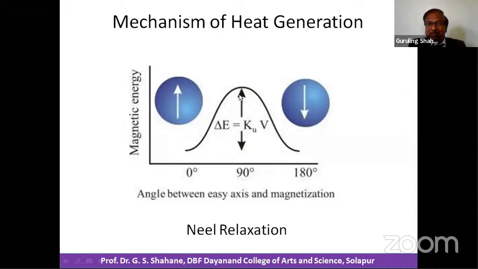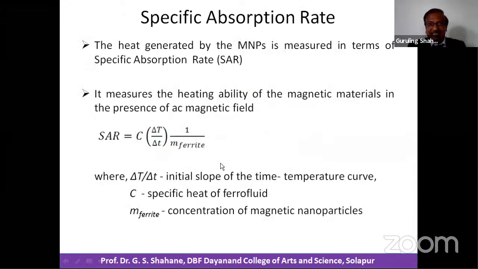To overcome this barrier, it takes the energy from that field, and from moving this part to this part, the particle gives the energy. It dissipates the energy in the form of heat. So in this relaxation process, in changing the direction of that material, energy is released in the form of heat, and this can be used to kill the cancer.